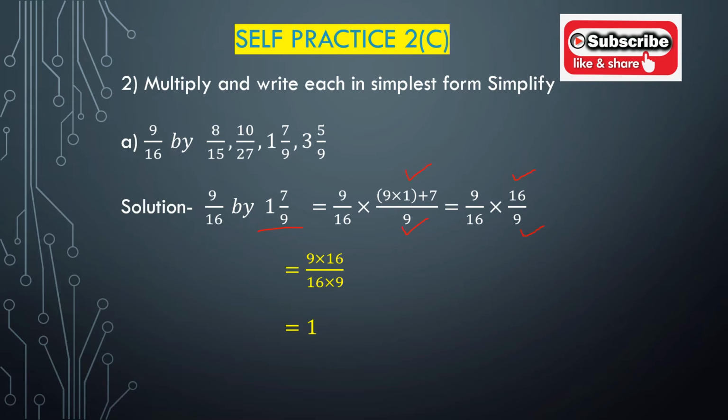So we get 9 divided by 16 multiplied with 16 divided by 9. The product is the numerator 9 multiplied with 16 and the denominator 16 multiplied with 9. Cancel 9 with 9 and 16 with 16. So we get 1.